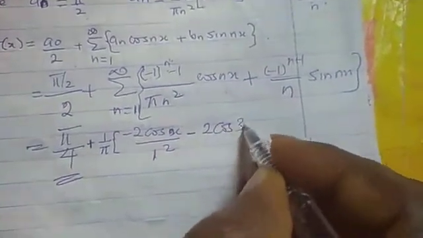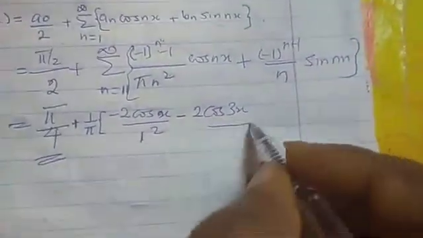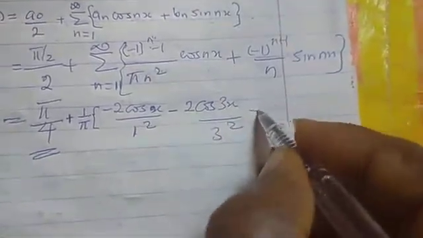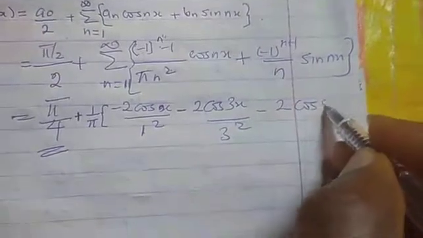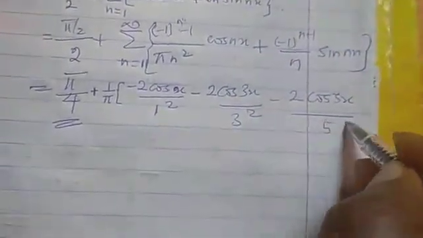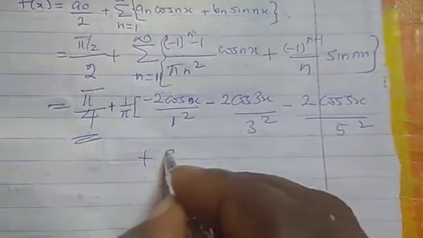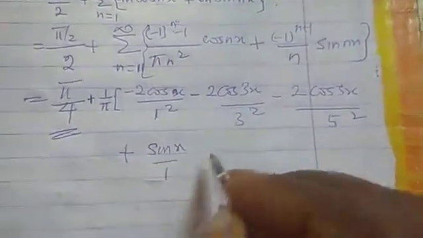So there is 2 here. So this is minus 2 cos 3x over 3 squared, that is when you put n to be 3, then minus 2 cos 5x over 5 squared, and so on. It remains these two. When we put n to be 1, that will be sine x over 1.